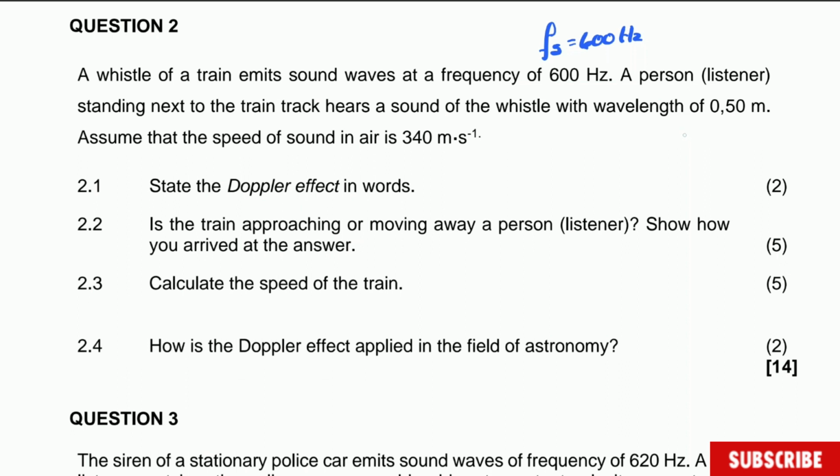So this is the wavelength heard by the listener, equal to 0.5 meters. Assume that the speed of sound in air is equal to 340 meters per second. State the Doppler effect in words.